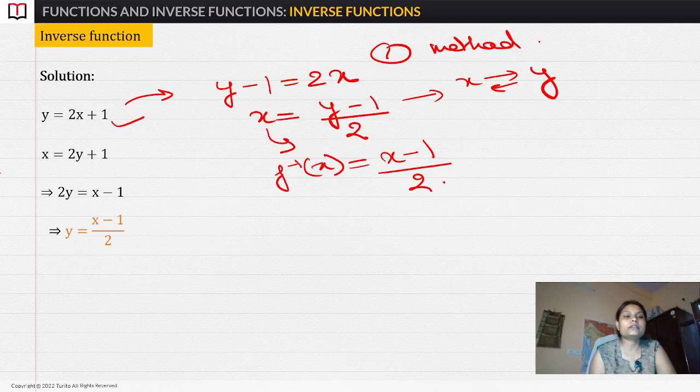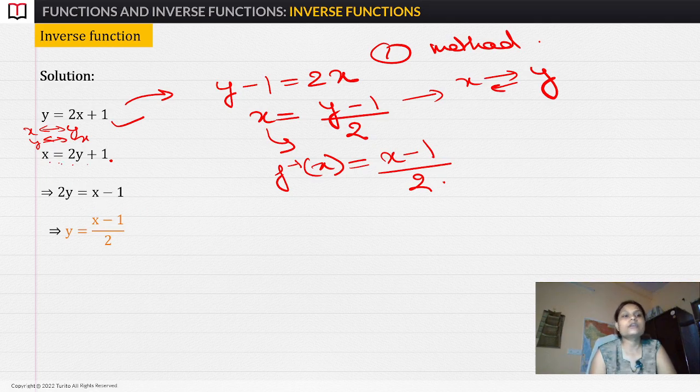Now the second method that is shown here is to interchange your y with x and x with y in this. Interchange your x with y and y with x. Then you will be getting x is equal to 2y plus 1. Now from here you have to just keep the y variable on the left hand side and all the other terms to the right.